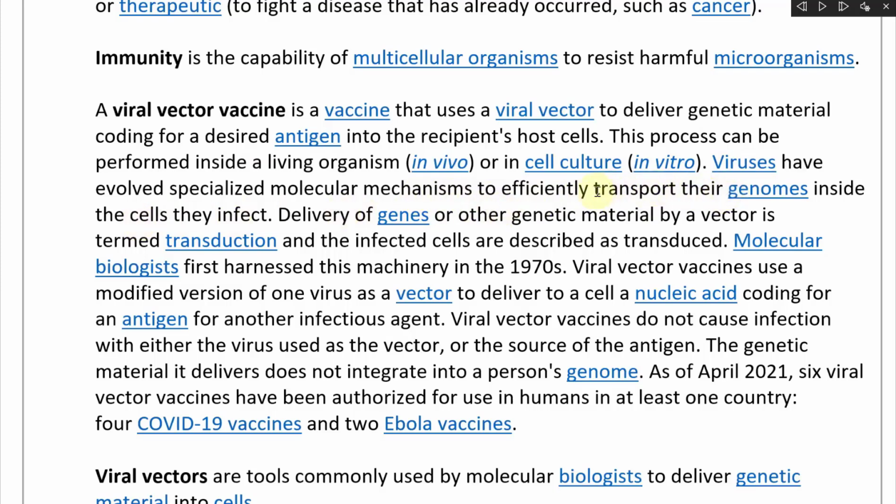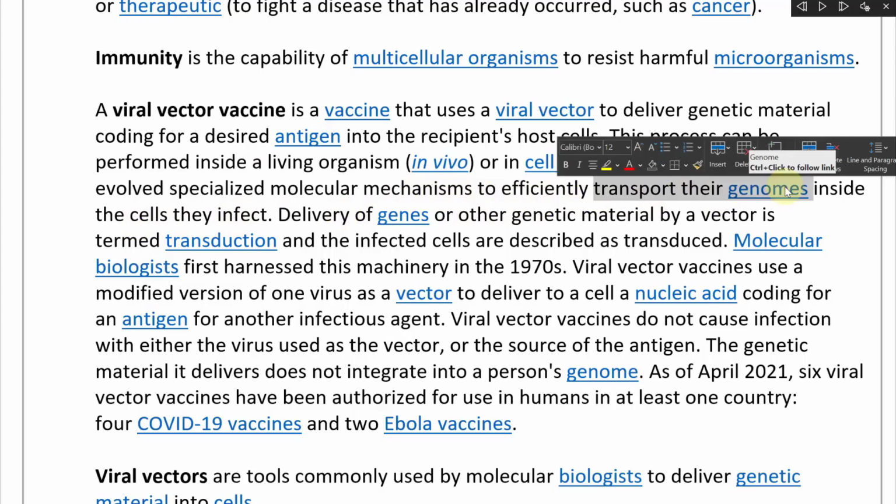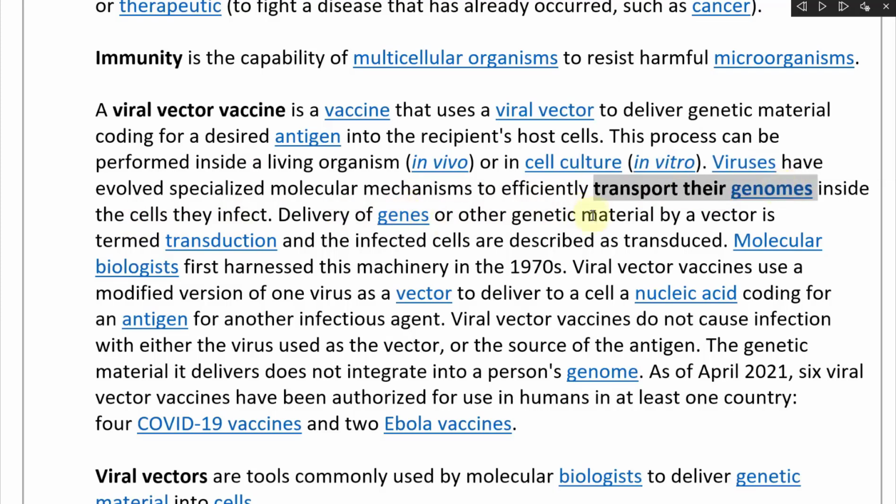That's the key thing, there's a transfer of genomes, genetic material, whenever you speak of viruses or even vaccines. Delivery of genes or other genetic material by a vector is termed transduction, and the infected cells are described as transduced.